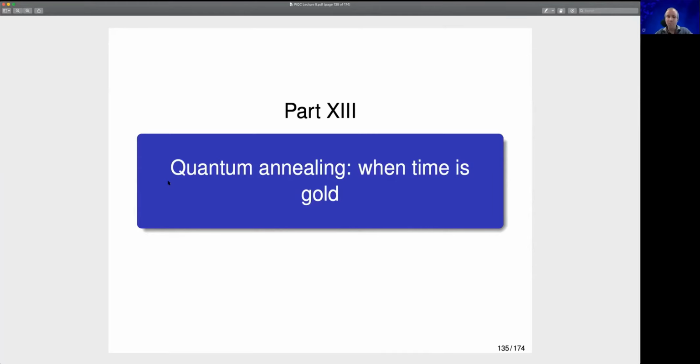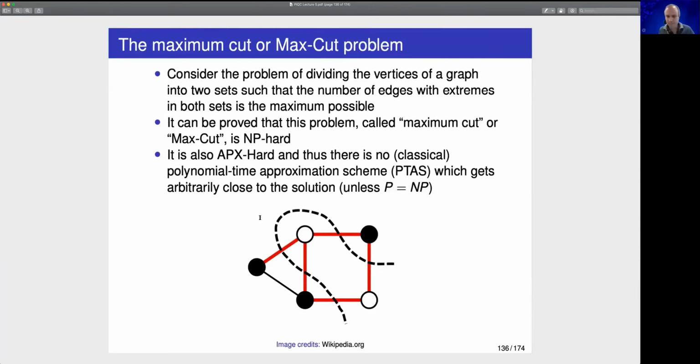So now we are going to turn our attention to this combinatorial optimization problem, starting with a problem that is stated when we are given a certain graph. So we have these vertices and they are connected by edges, and we are asked to divide the vertices of this graph into two different groups. Here we have used white color for one group and black color for the other group.